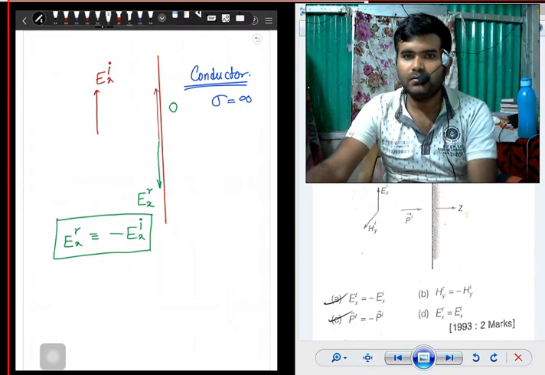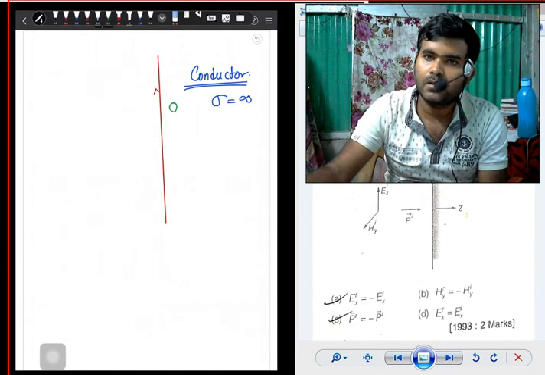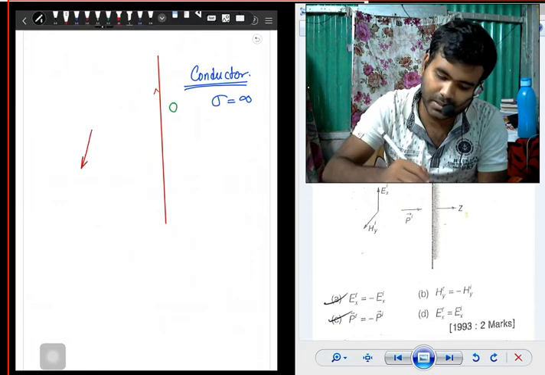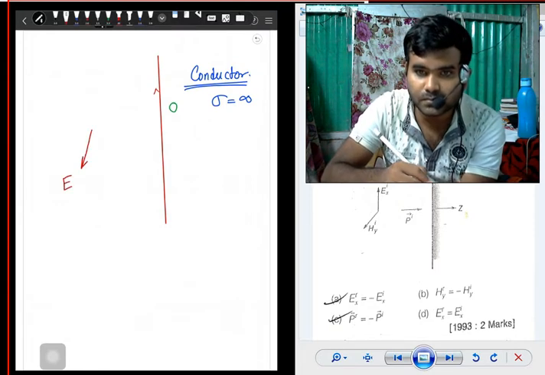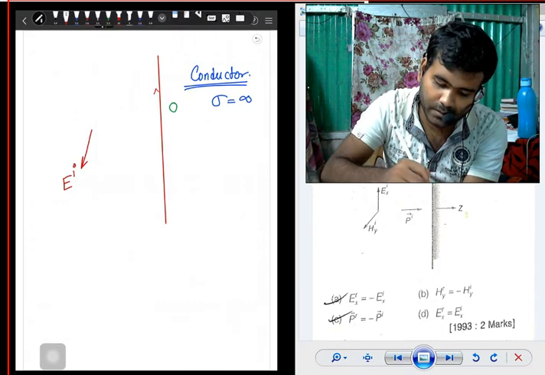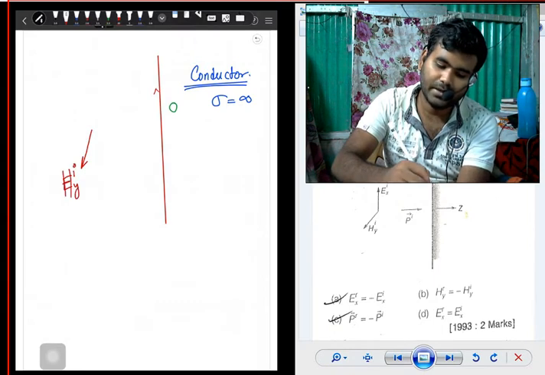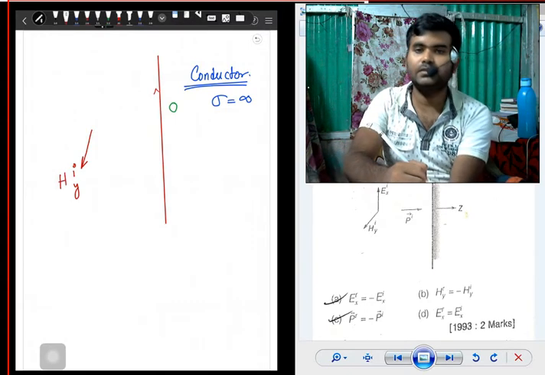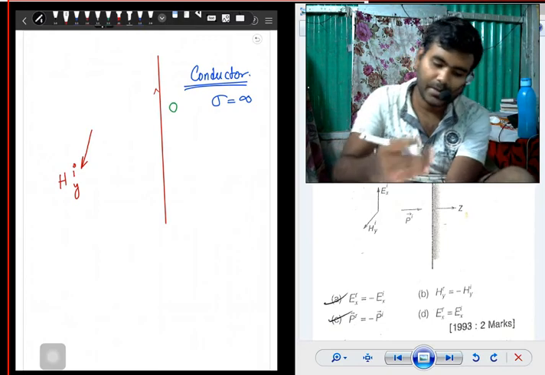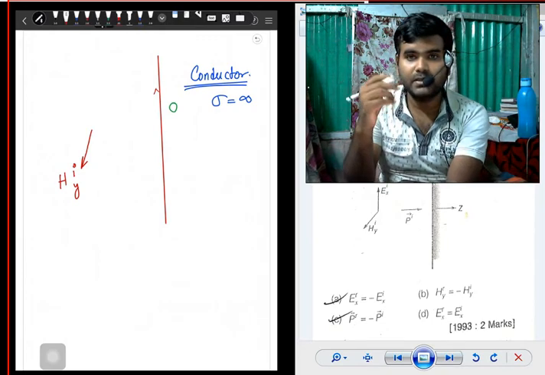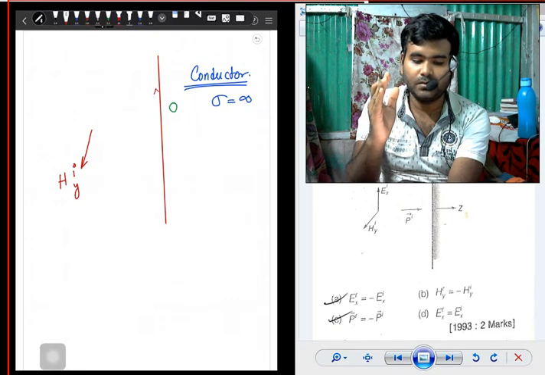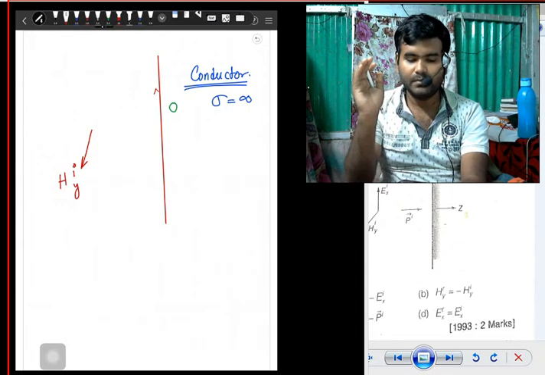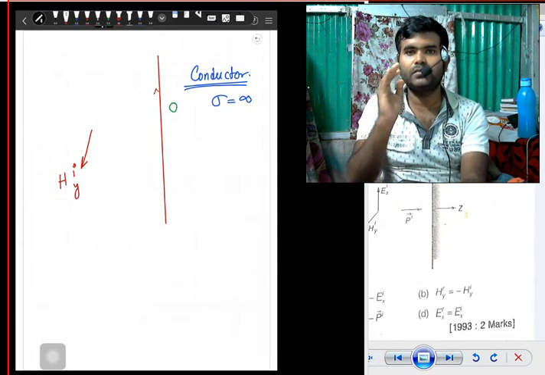Now let us consider the magnetic field component. The magnetic field component is Y oriented, so HIY is the magnetic field component, and you can see this component is also tangential to the boundary. So we have to apply the boundary condition for the tangential component of the magnetic field.